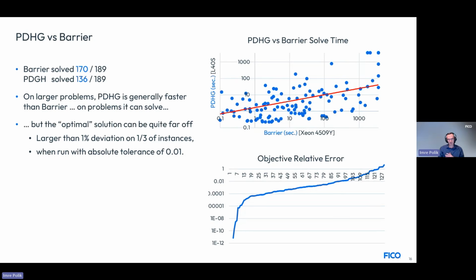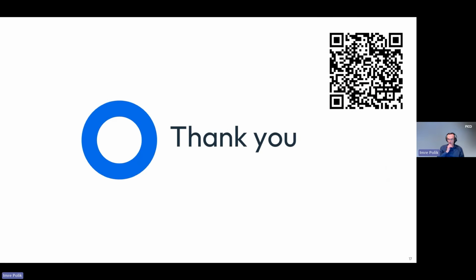In some cases, it is justifiable to get less accurate solutions. In some other cases, this is a complete deal breaker. So this is just something to be aware of and not to use interchangeably in all applications. So that's the end of my talk.